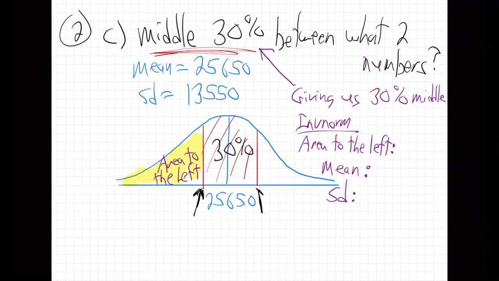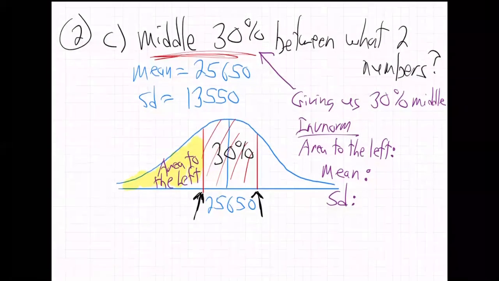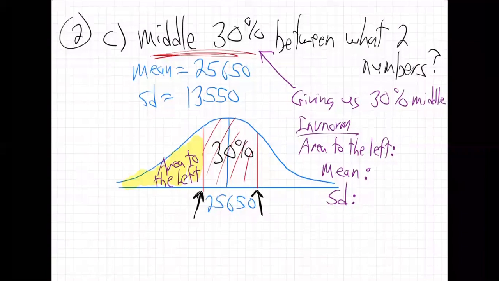Do you understand what they want us to find? These two numbers. Look at the illustration. So we're looking for those two values, and want to find out exactly what those two spots are. Is this making sense so far?